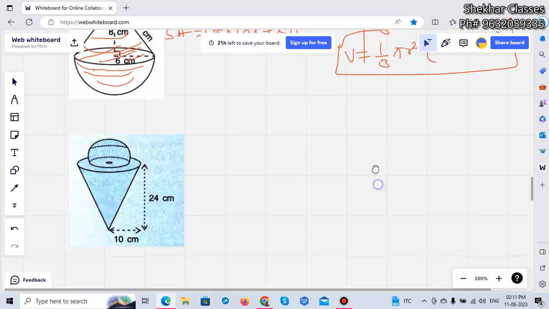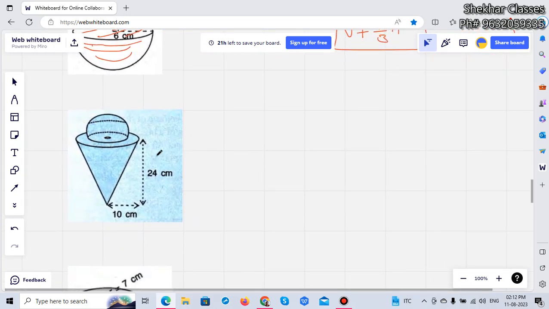Next question. Here you can see there is a cone and on that there is a small hemisphere, but it's not completely covering the entire cone base. So we have to understand how to find the surface area.